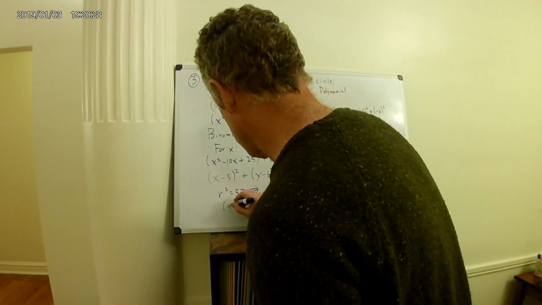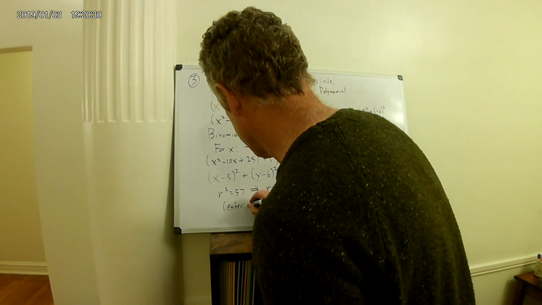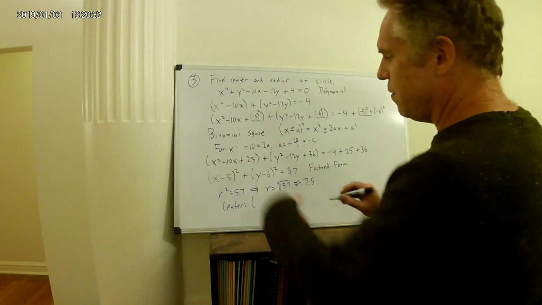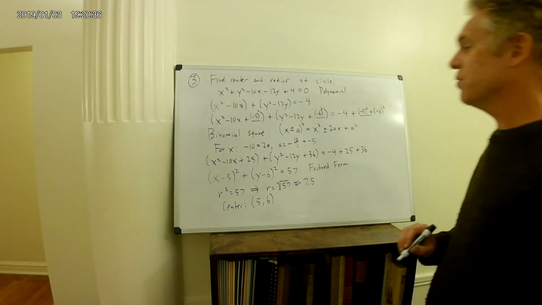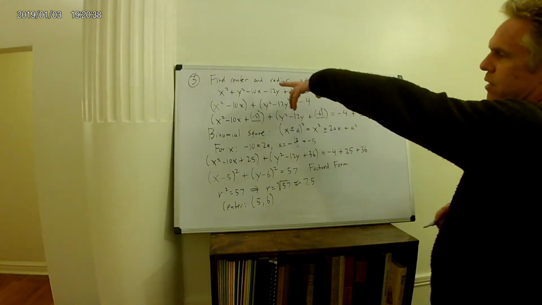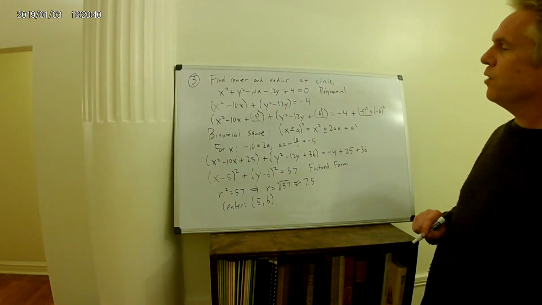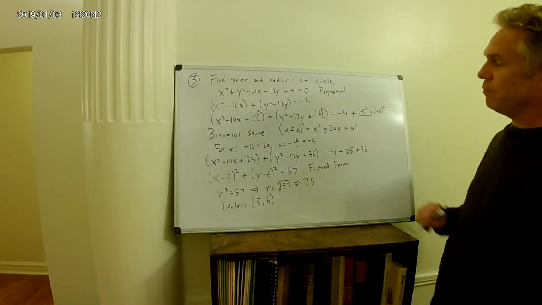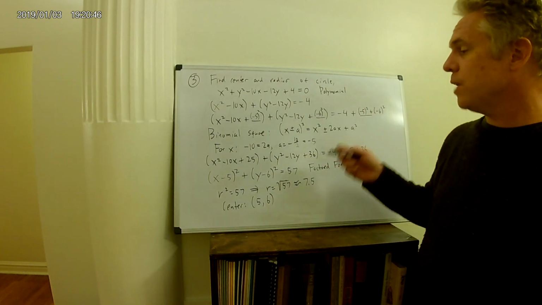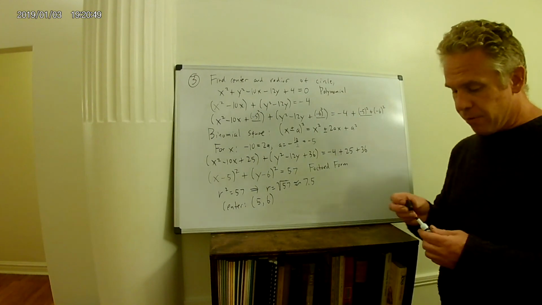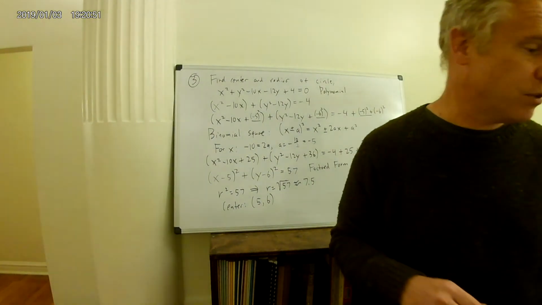So the center of my circle will be equal to, I see that h is 5 and k is 6. So I've taken an equation where it wasn't obvious to me what the center of the circle was and what the radius was. I've turned it into the factored form where I can very quickly identify the radius and the center of the circle. And now the final step here is I can graph this equation.